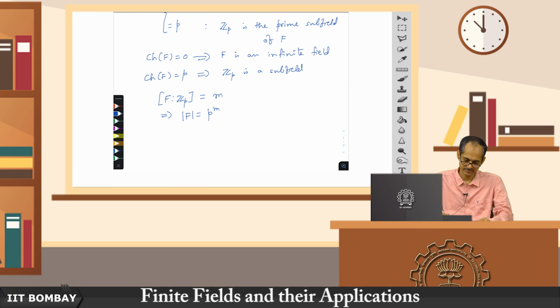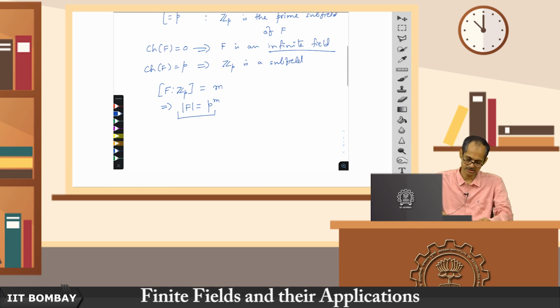So, the number of such linear combinations that we can get is p power m, and hence the number of finite field elements is p power m. So, either a field is an infinite field, or if it is a finite field, it has a prime power number of elements. There is a prime number p and a positive integer m, such that there are p power m elements in that field.